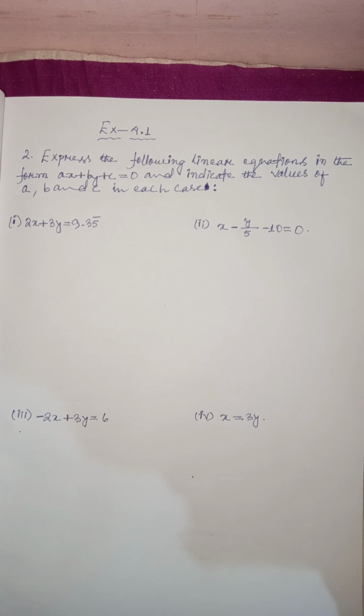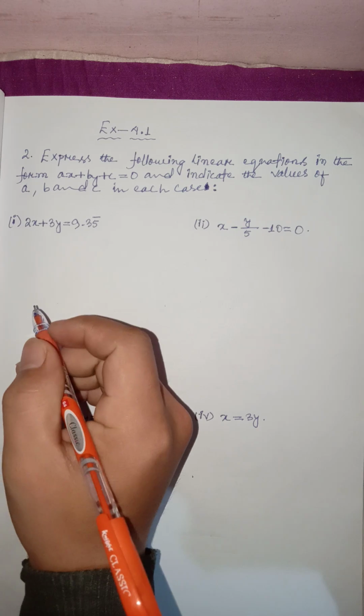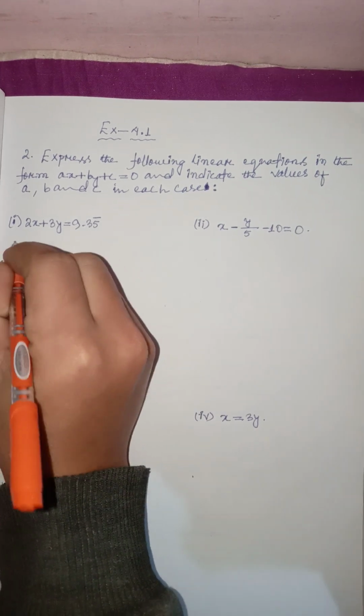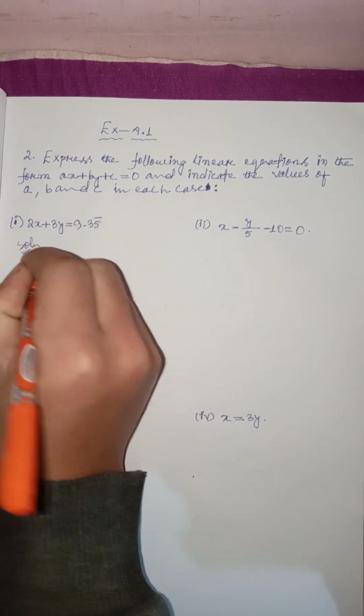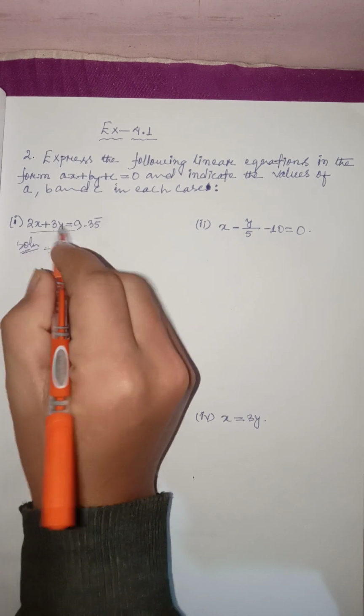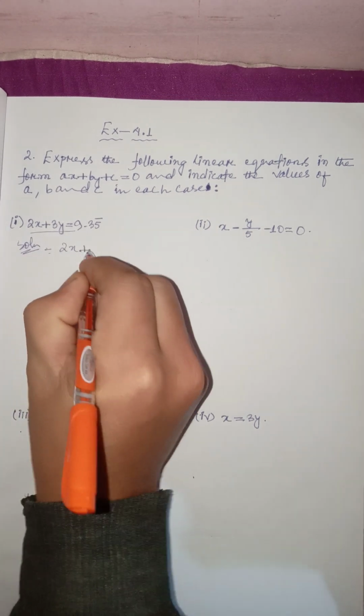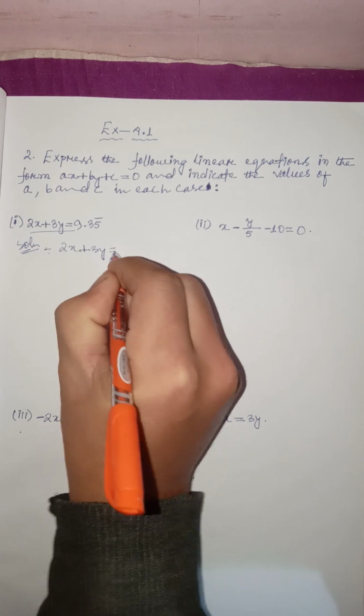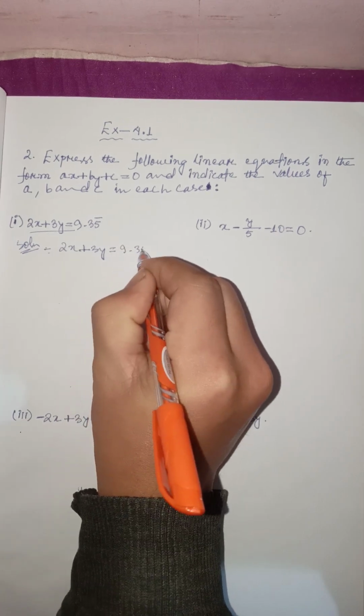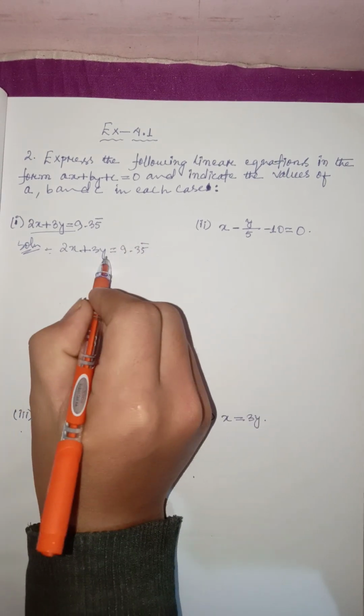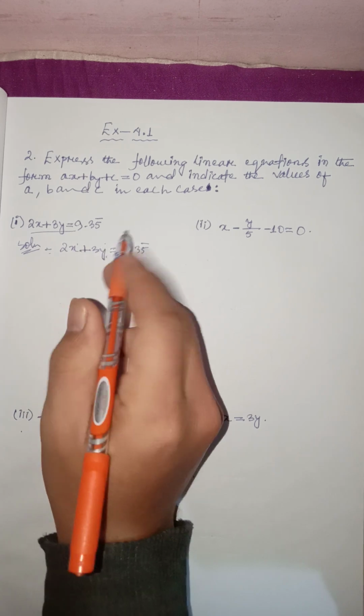Right, now without delaying much time, let us begin with Roman number 1. Solution. What do I have? Here it is 2x plus 3y. No doubt it is a linear equation in two variables, since there are two variables and the power is 1, right?